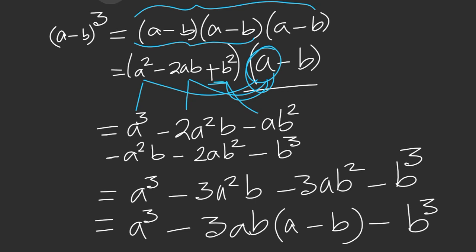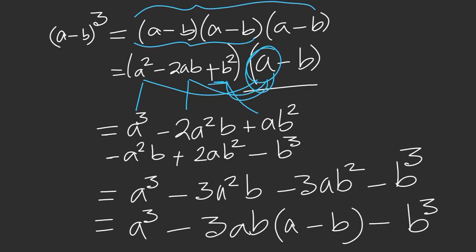So here we need to make this a plus sign, and similarly for minus b also, if you check it, we will have minus a square b, then plus twice ab square and minus b cube.